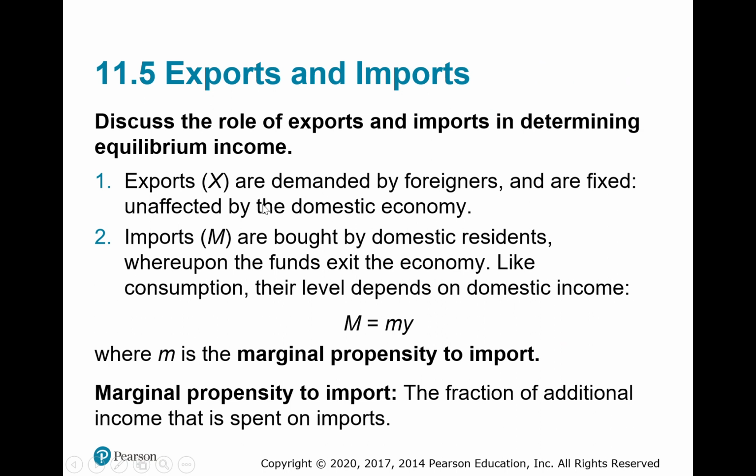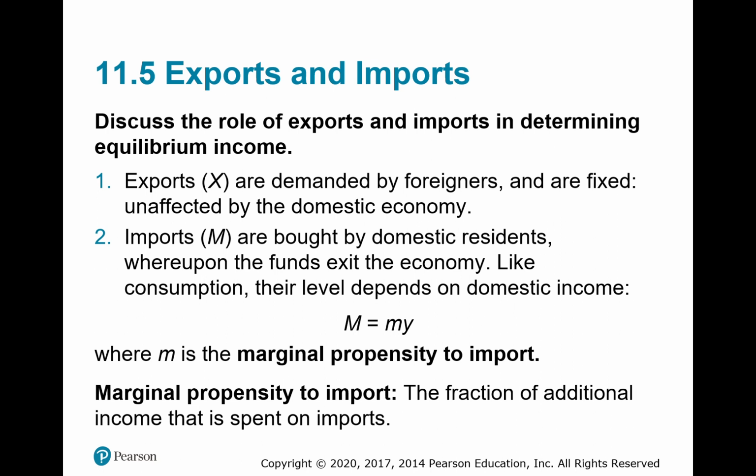And then the last topic we're going to have is exports and imports. If their role is to determine the equilibrium income, then we need to look at exports, which are demanded by foreigners and are fixed, unaffected by our domestic economy.